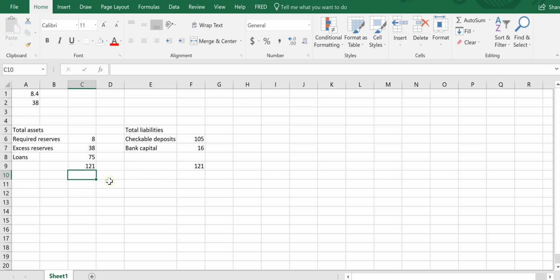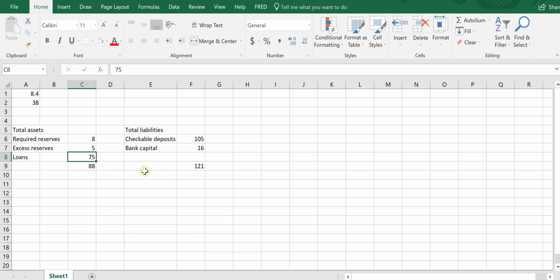Another way is simply to use Excel. By using Excel, I first assume any arbitrary number. You can see that if I assume the excess reserves is only $5 million, obviously, since this is an arbitrary number, that will not make the balance sheet balanced. So right now the total assets is only 88, but the total liabilities is 121.